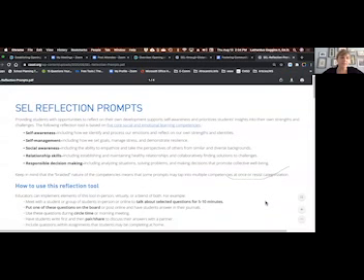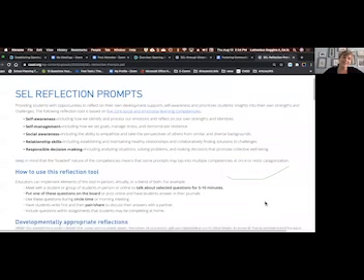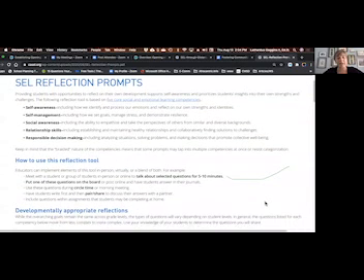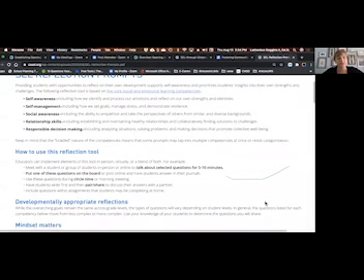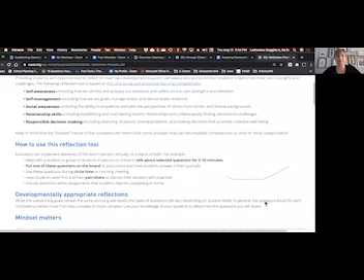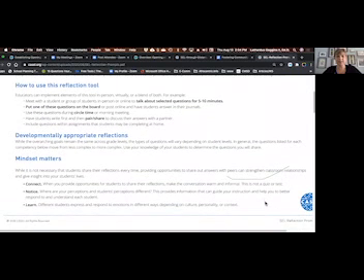So just take a moment to look at some of these prompts and really identify a couple prompts that really resonate with you and think about why it would be a powerful prompt to use with your students. And I will share it in the chat box as well here so you can have access to it on your screen.